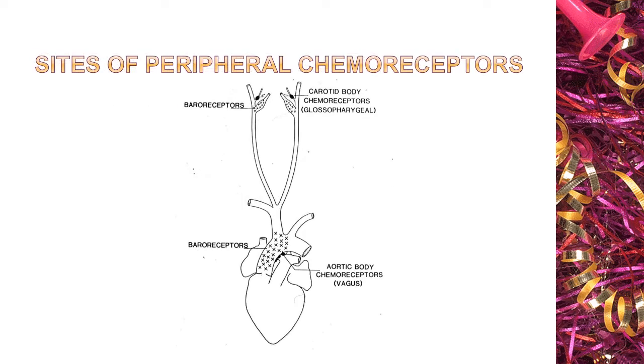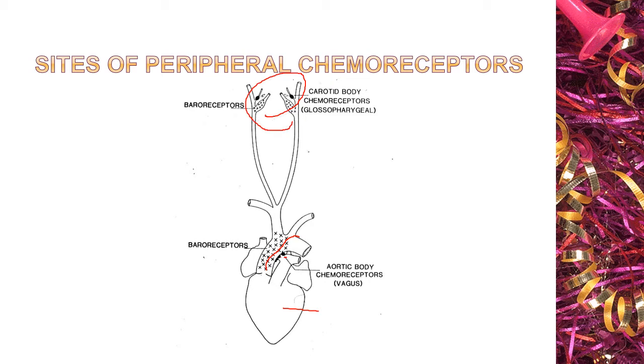Alright, so the sites of peripheral chemoreceptors, I've talked about this in my previous slide, but again, I want you to look at where they are located. If this is a heart, and this is the aortic arch, they're right there. You can see the black dots there, and this is the carotid arch, and you can see that they're right there.